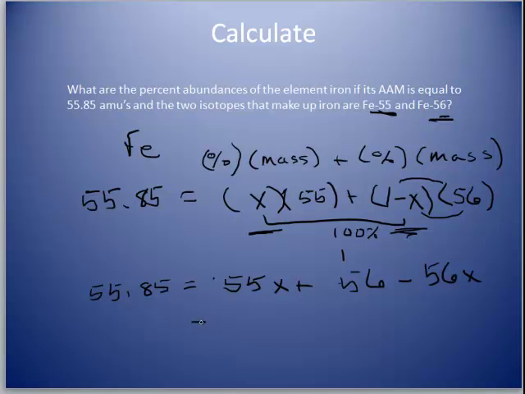So if we do the math here, 55x minus 56x is going to give us negative 1x. 55.85 minus 56 gives us negative 0.15. If we solve for x here, we would get 0.15.